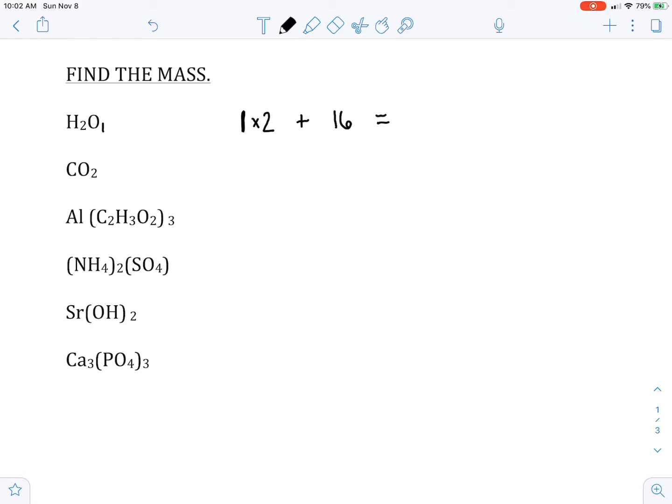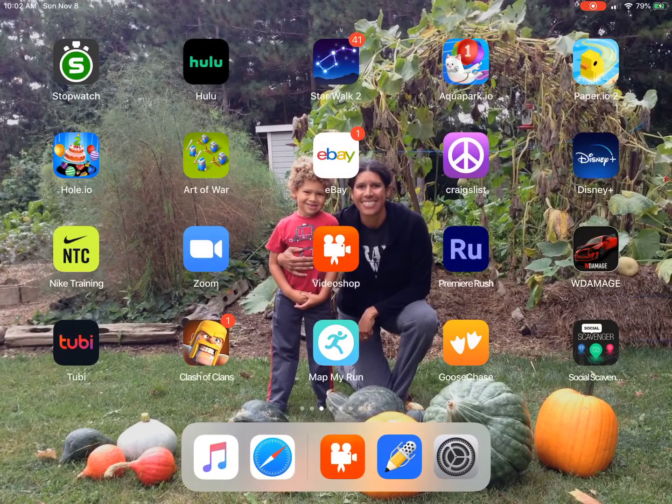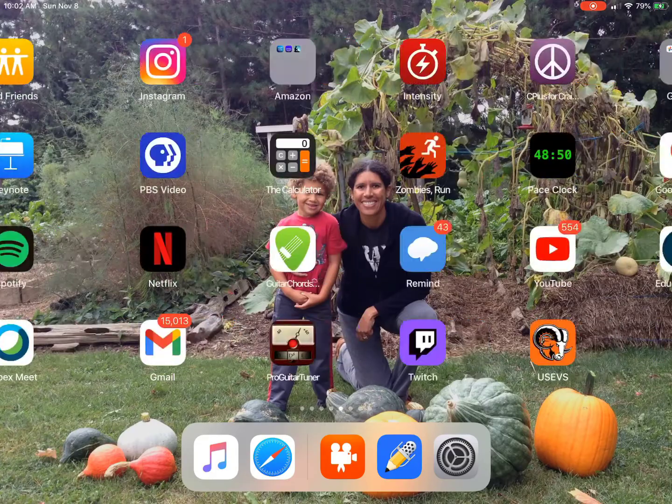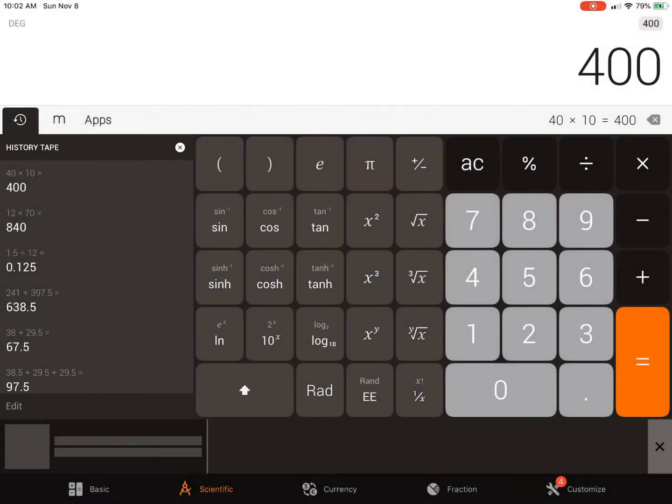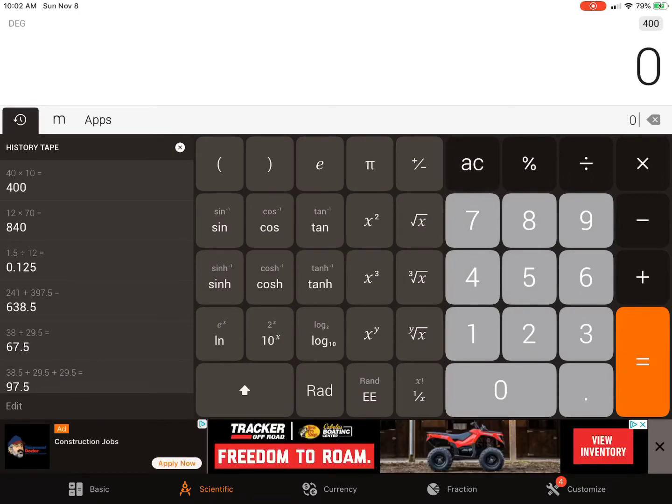So now you're ready to punch this into your calculator. Where is the old calculator at on this thing? There it is. And let's clear that off. We don't need that. So we have 1 times 2 plus 16.